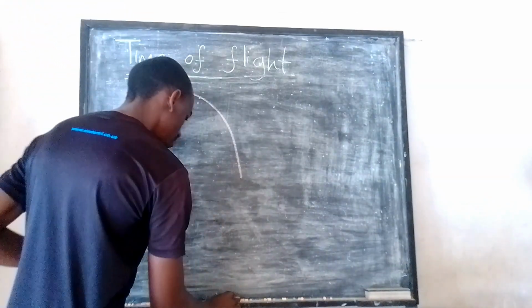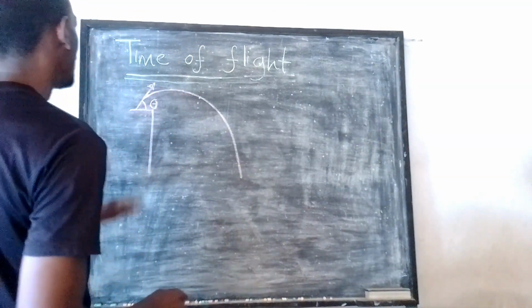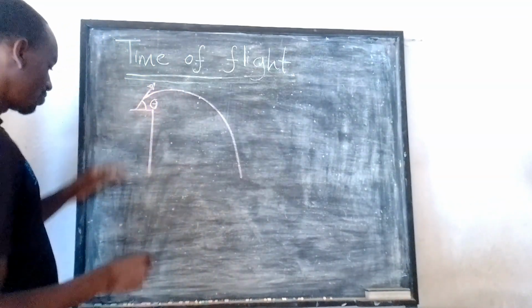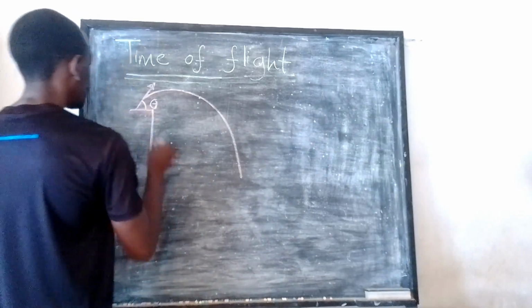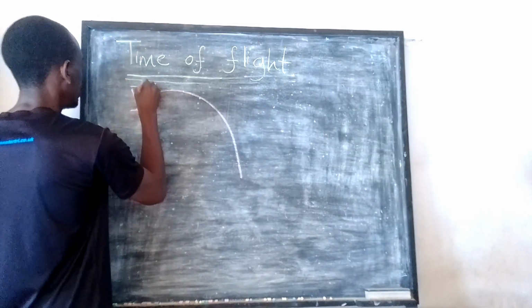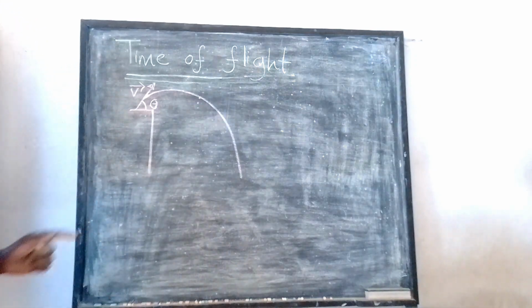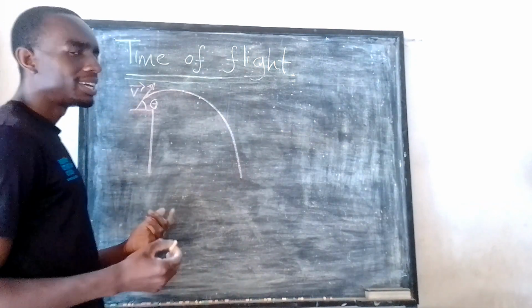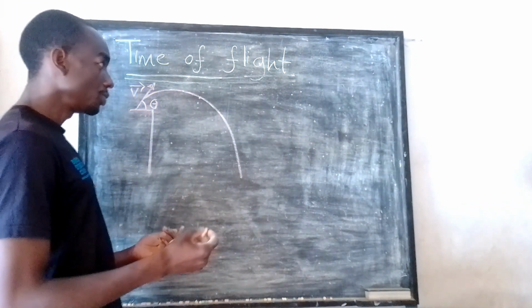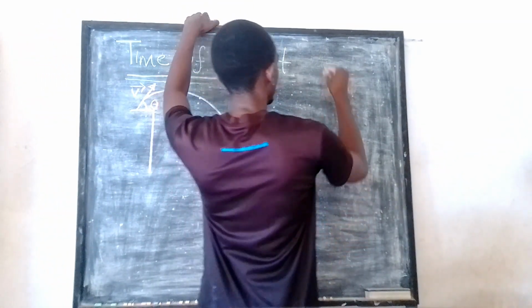So, pay close attention. Now, in this particular scenario, if you are asked to find the time of flight, the best way I recommend, you still have to deal with the formulas.